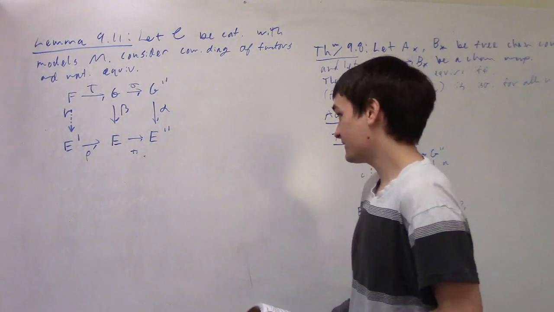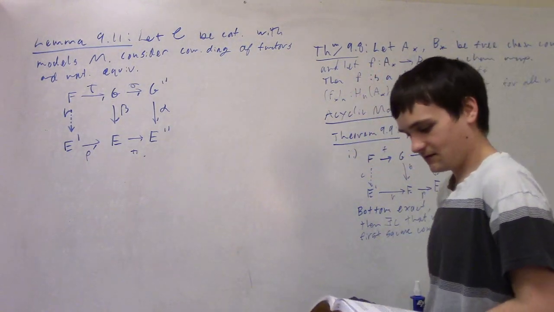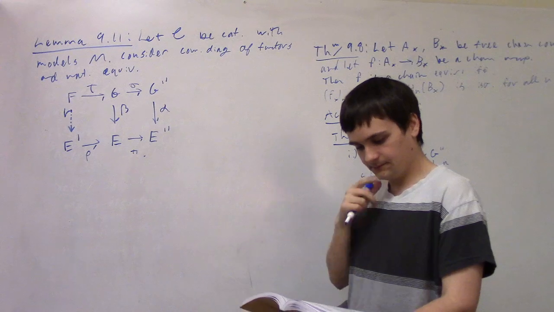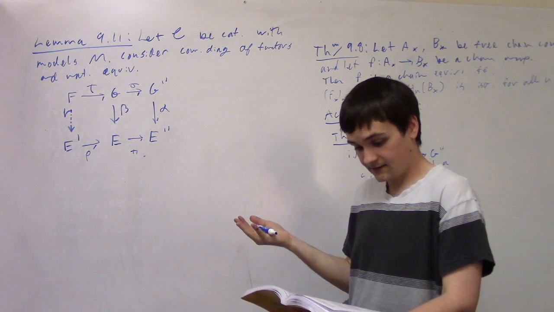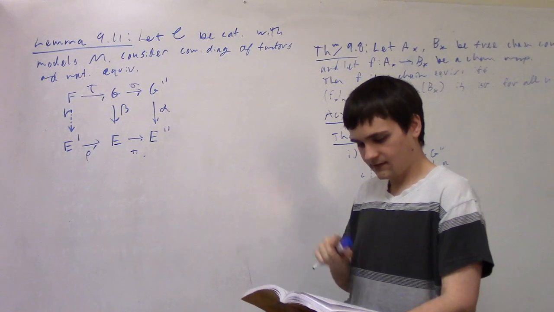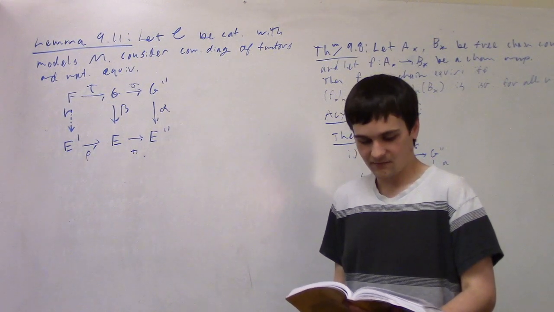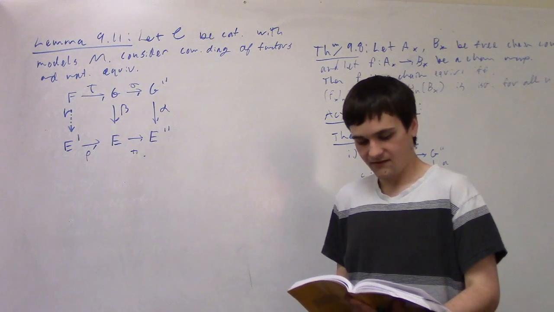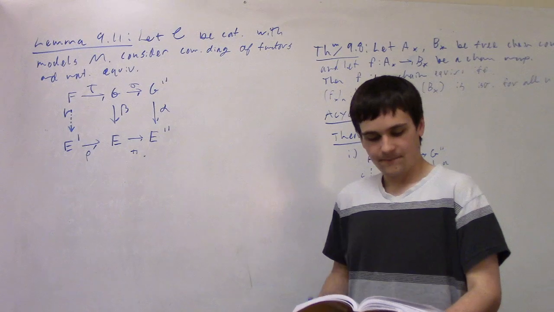Right, so that's sort of what I was talking about with taking what we know and lifting it up to a higher level. What they say is, it is simplest to regard lemma 9.11 as merely a functor version of the elementary theorem 9.9.1, but lemma 9.11 is stronger than this.